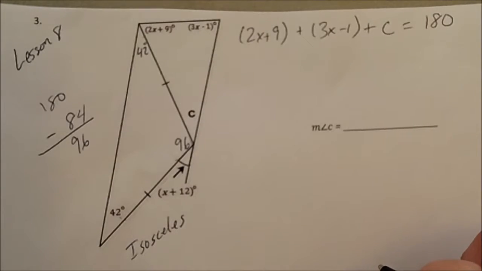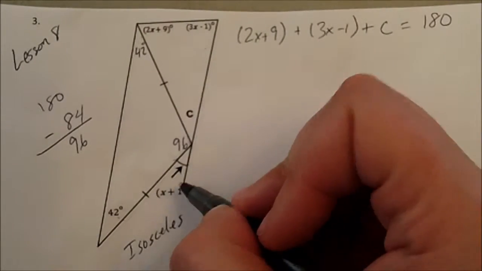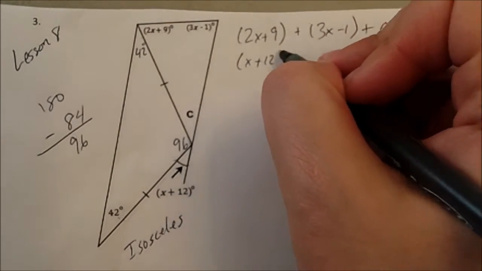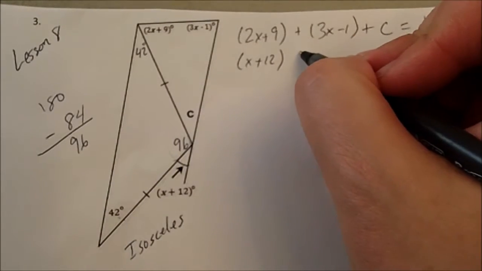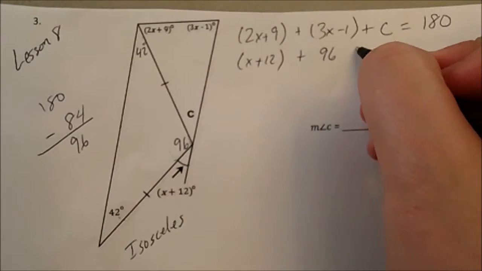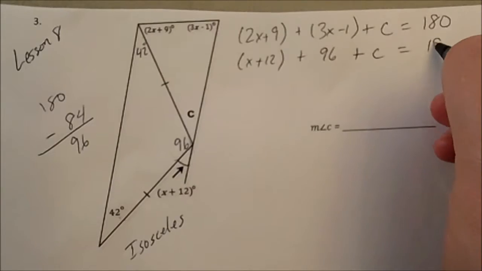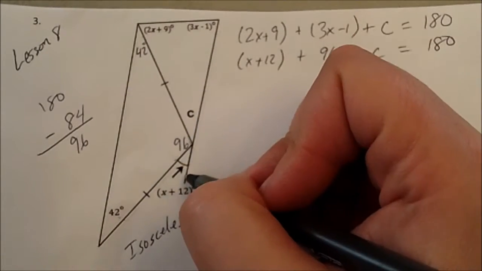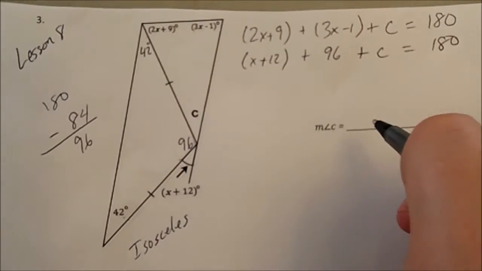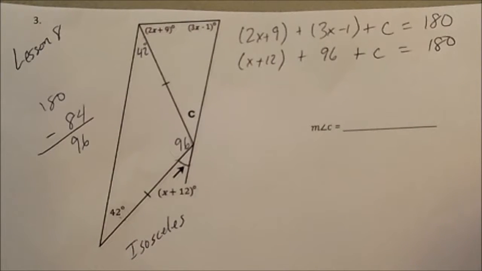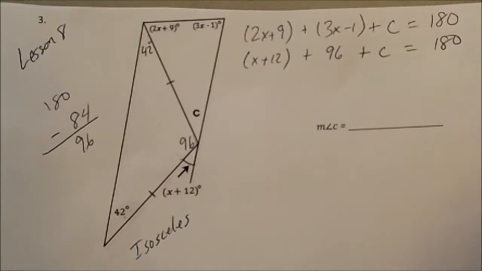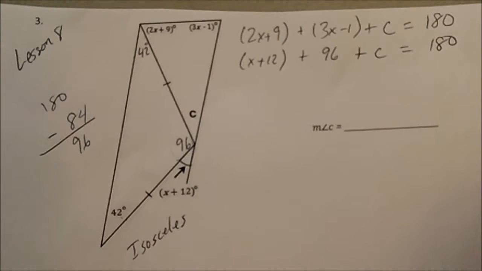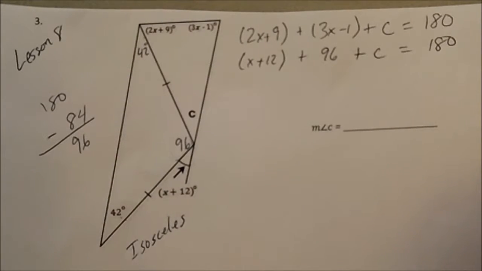Now we can come up with another formula. So we have x plus 12 degrees plus 96 plus c is also equal to 180. So again, these three angles added together are also supplementary. Now, this looks really great, except I would feel a lot better if we could simplify this a bit.